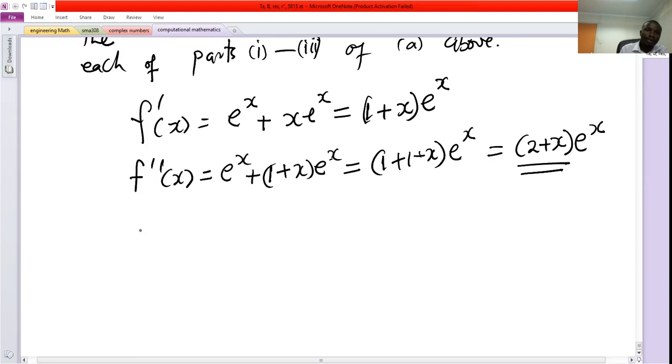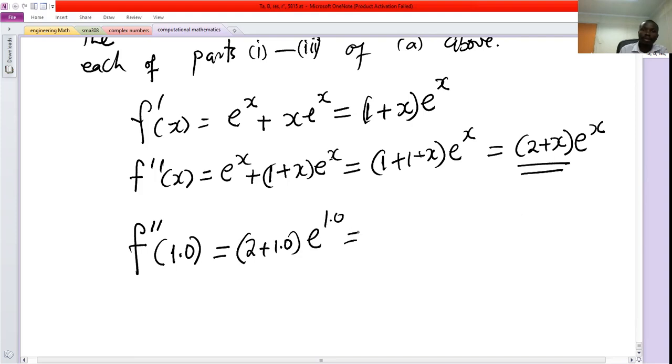So therefore, the exact value of the second derivative at 1.0 will be given by 2 plus 1.0 e raised power 1.0. 2 plus 1 is 3 e raised power 1. So this is the exact derivative.